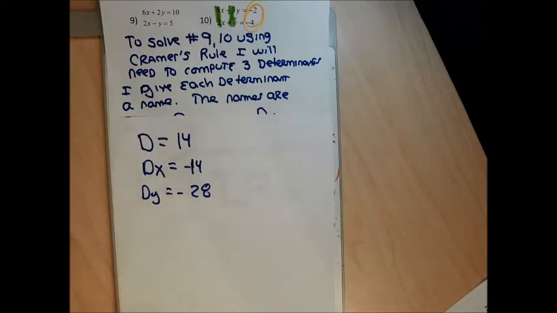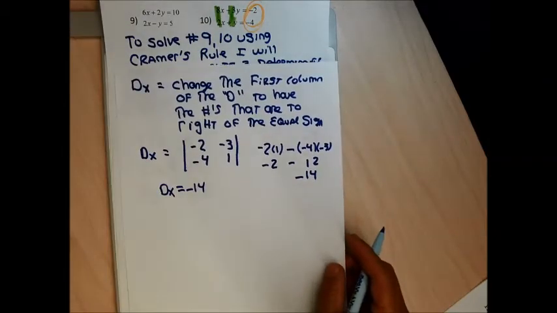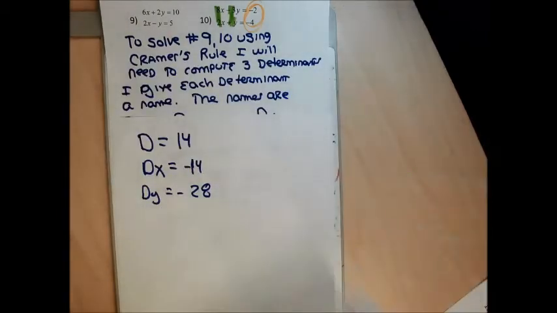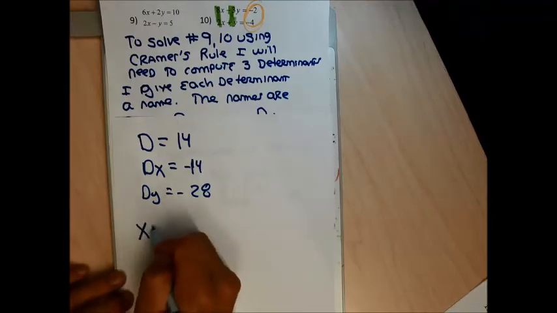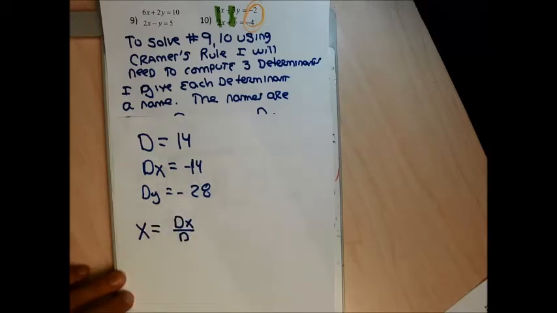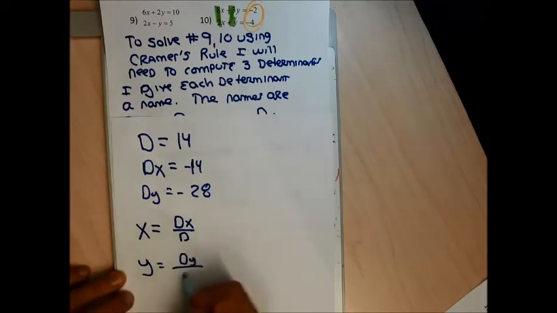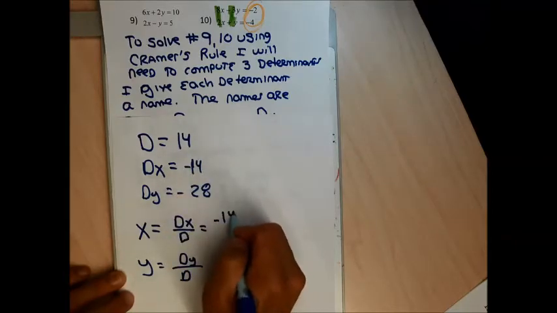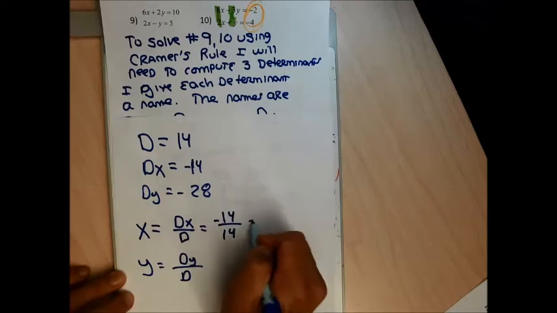So Cramer's rule involves computing three determinants, D, D sub x, and D sub y. Once you have those three determinants, you divide to get the values. X is going to be the D sub x number divided by the D number, because the D's kind of cancel out. Y is going to be the D sub y number divided by the D number. So x is D sub x, which is -14, over D, which is 14.